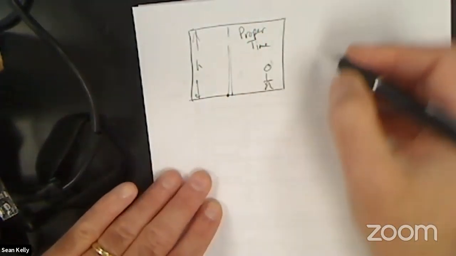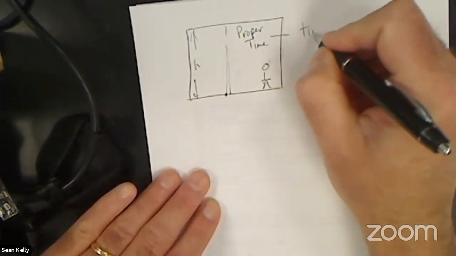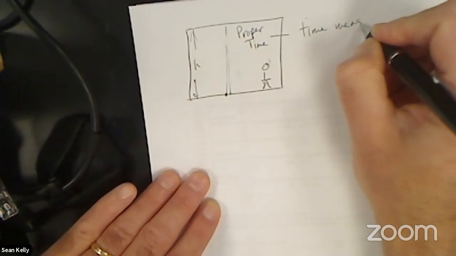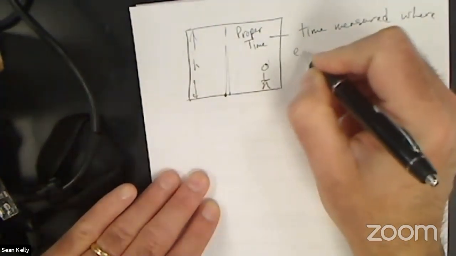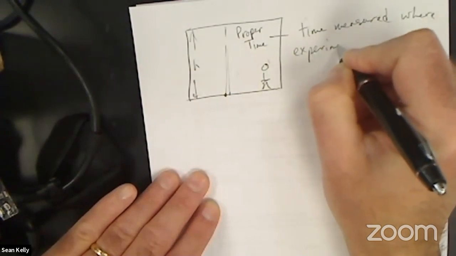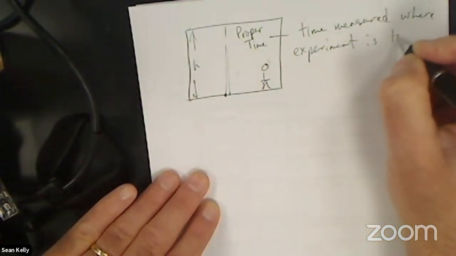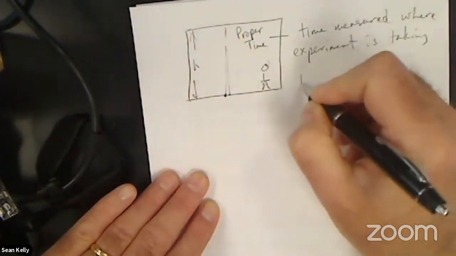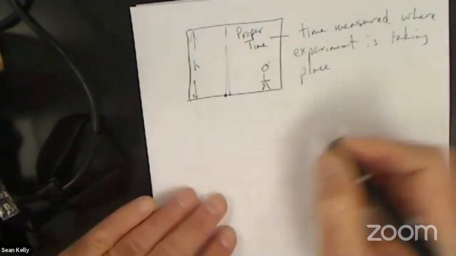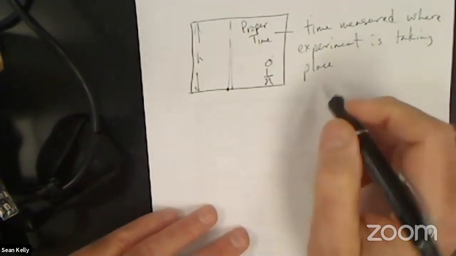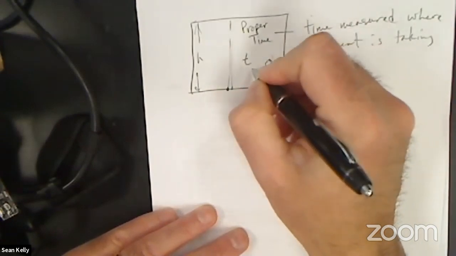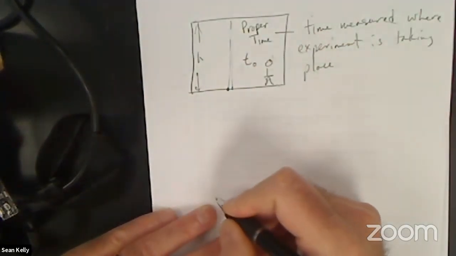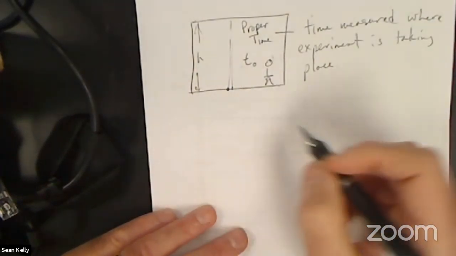You want to write that down: proper time, the time measured where the experiment is taking place. We're going to give it a symbol, T0. That's the proper time.